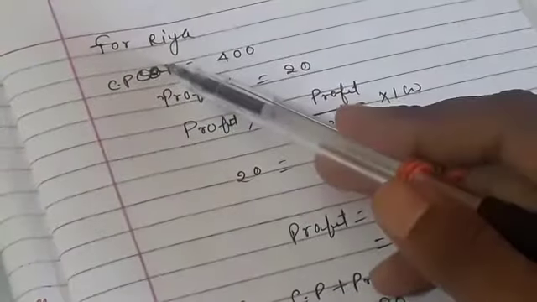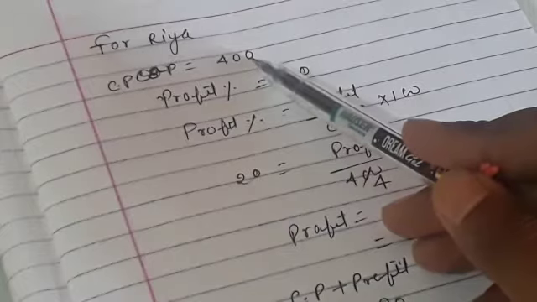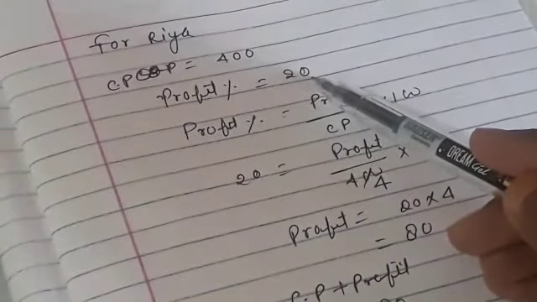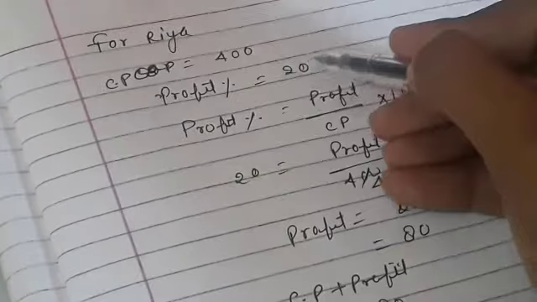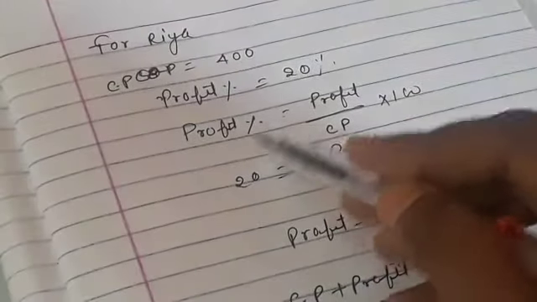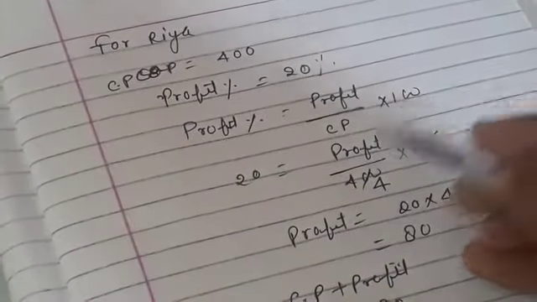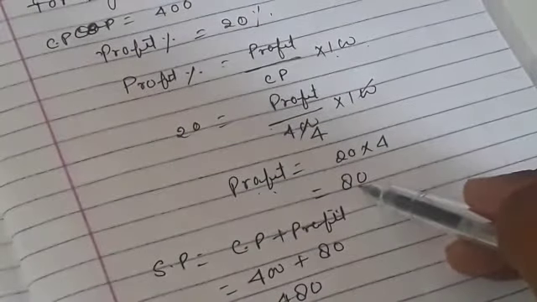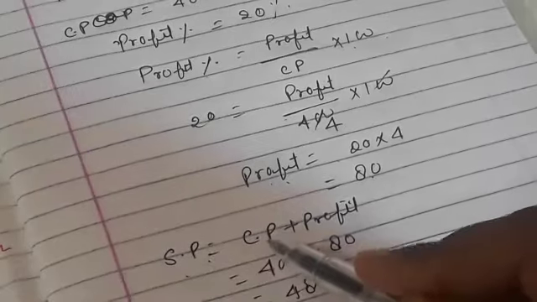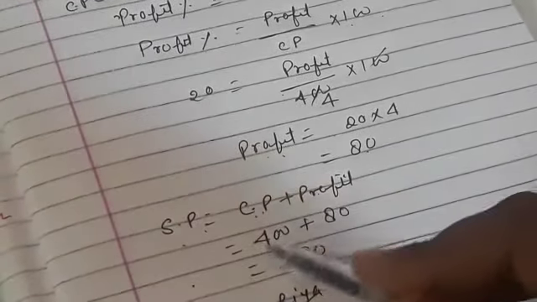So now class, in the question the cost price of the article is 400 and she makes a profit of 20% on that article. So profit percent equals profit upon CP into 100. By this you can easily find the profit. So profit equals 80 rupees. So the SP of that article is CP plus profit, 400 plus 80, 480.